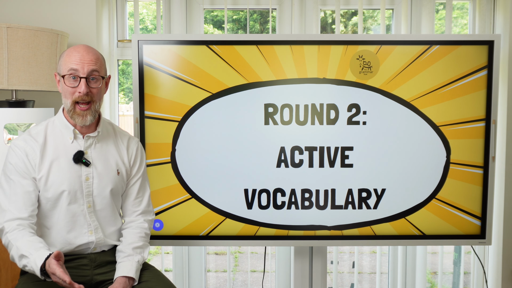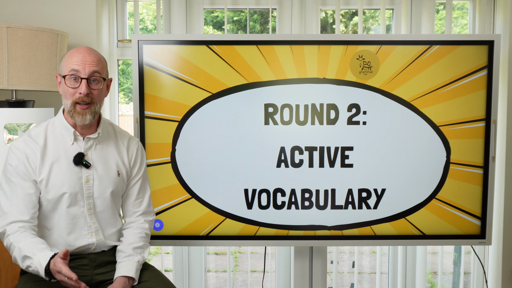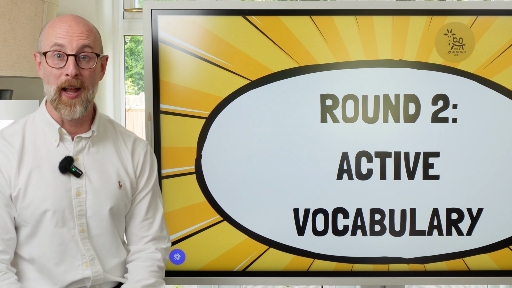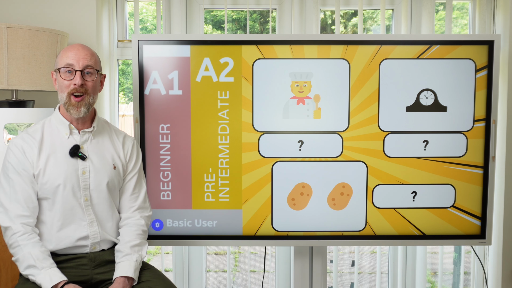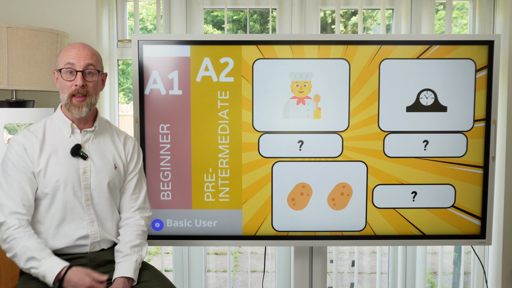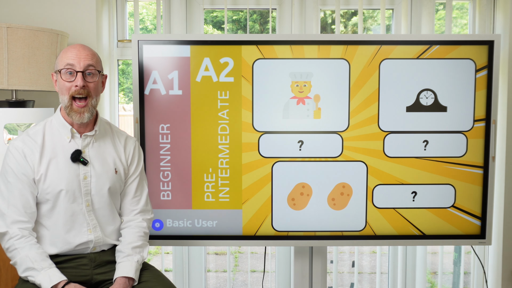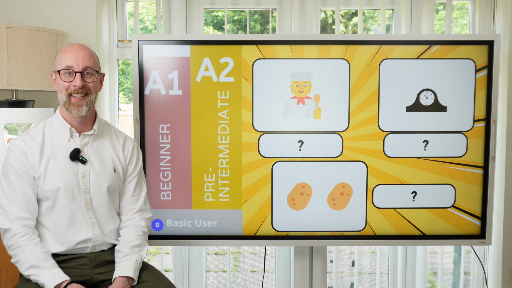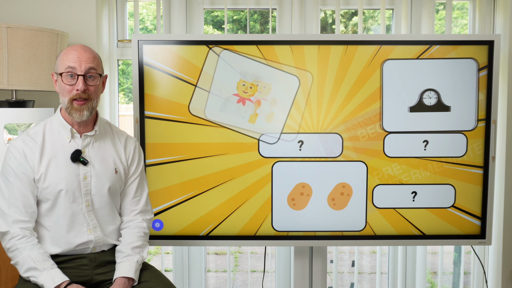Okay, the last test for you is your active vocabulary. Let's see what your English language level is. Here are the first words. These are at A1 and A2 level. What can you see? Okay, here are the answers.